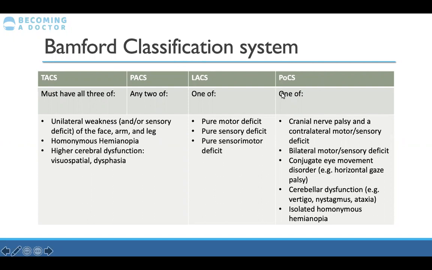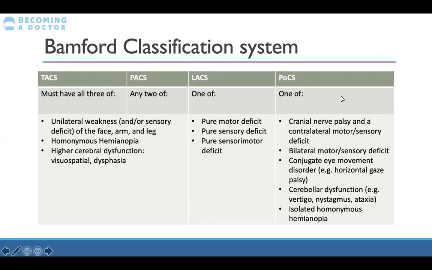Okay, and then finally the posterior circulation stroke. So you can think about what kind of things are at the back of your brain. You've got your visual cortex there, you've got your brainstem, you've got the cerebellum. So any of these can be affected.